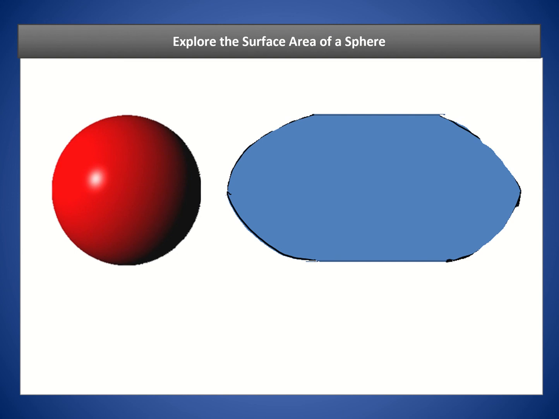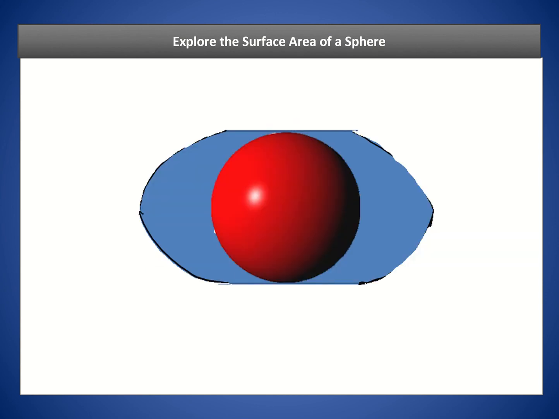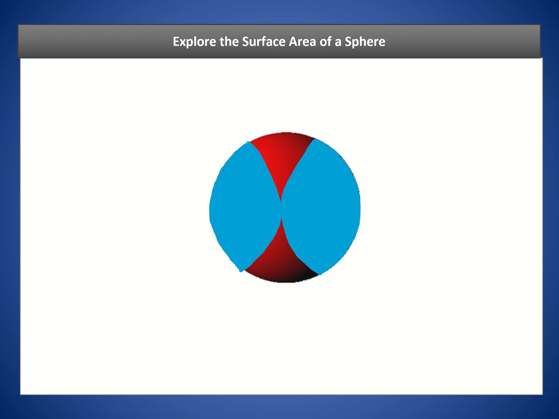So then we take that round, oval-looking shape, and we wrap it around the sphere. Let's put the sphere there in the middle, and then we'll wrap it around. If we wrap it around, it's going to look kind of like this. Hopefully you can see that. Again, this is an approximation to give you an idea.